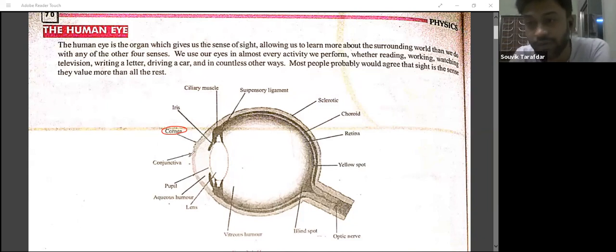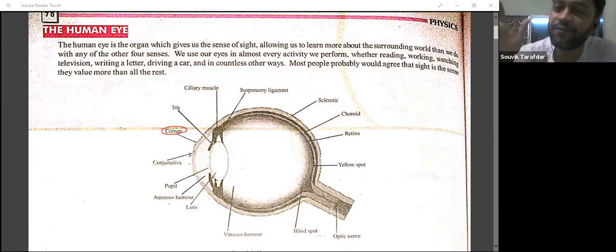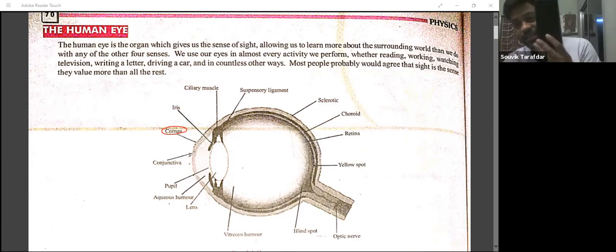Now let me tell you about the beautiful characteristics of the cornea. Take phones, the expensive ones. I have the Samsung S8 Plus Edge, which I bought in 2017, and at that time it was one of the expensive phones apart from the iPhone.